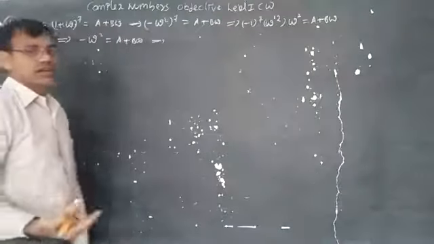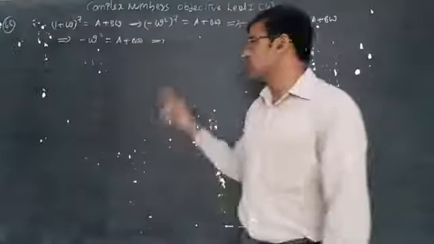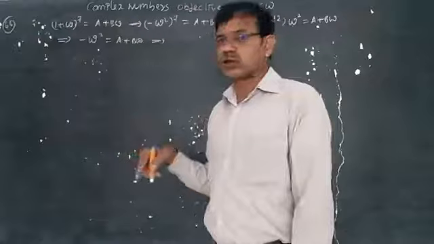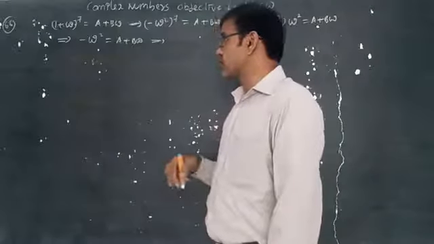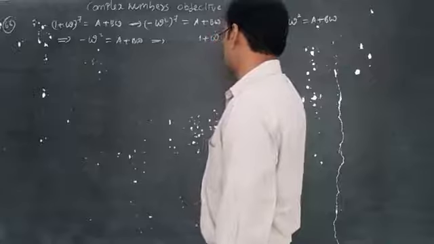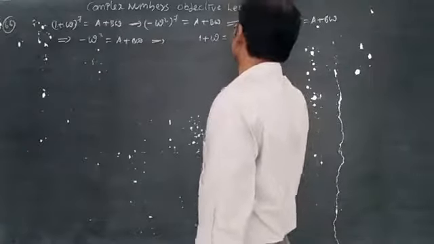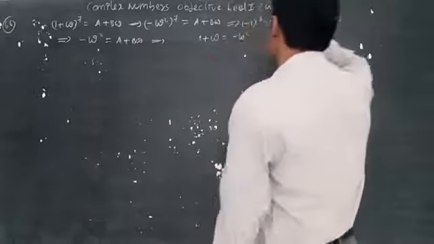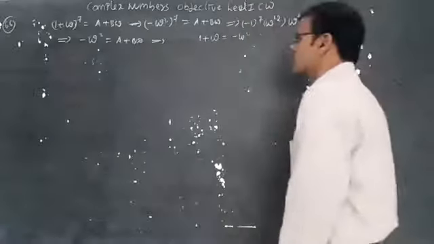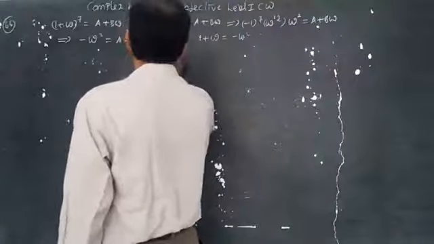Now we can understand here 1 plus omega plus omega square is equal to 0, a known concept. Omega square is equal to minus 1 minus omega. Write like this: 1 plus omega means minus omega square. Minus 1 power 7 into omega power 12 into omega square. So now this can be understood as minus omega square equals 1 plus omega.